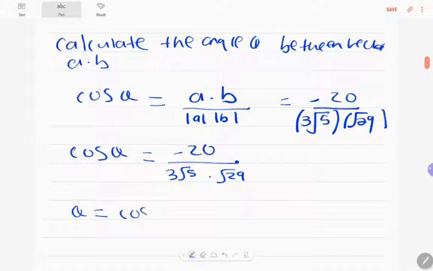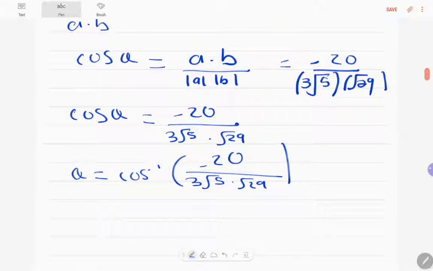Theta is the inverse cosine of minus 20 all over 3 root of 5 multiplied by root of 29. On the calculator, press shift cos, then minus 20 all over 3 root of 5 multiplied by root of 29.